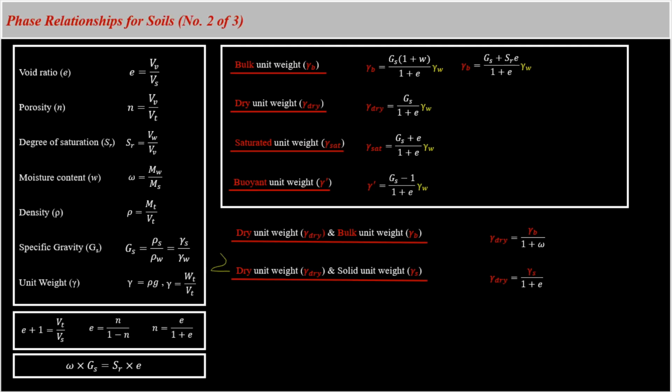The next is the relationship between the dry unit weight and the solid particles unit weight. The dry unit weight is equal to the weight of the solids divided by the total volume, and the solid particles unit weight is equal to the weight of the solids divided by the volume of the solids.